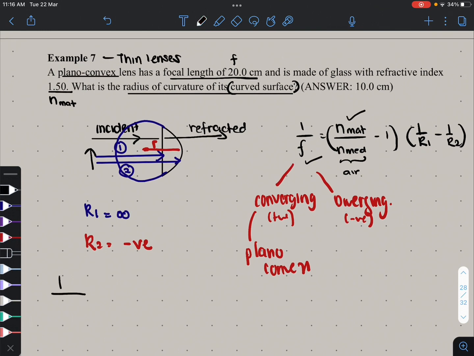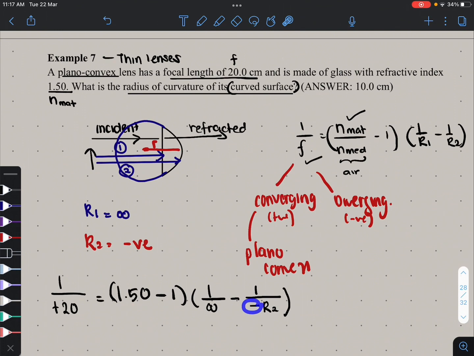So we have 1 over positive 20 cm equals 1.5 minus 1. I did not write the medium because it is air. Then 1 over the first surface, which is the flat surface, so infinity, minus 1 over R2, which is negative, so negative R2. This is what we are looking for.